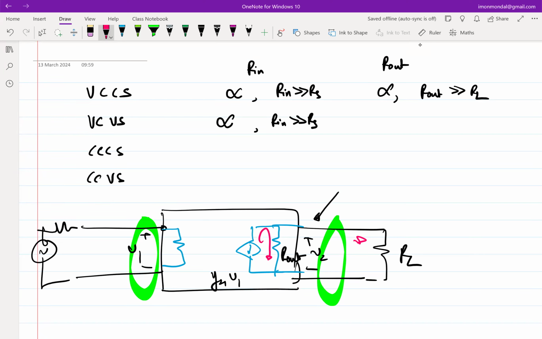Then the current times its internal resistance will be the voltage, and as you keep changing RL, it will not get affected. In other words, your expected R out is 0, ideally, but in practice the one we should aim for is R out much less than RL.